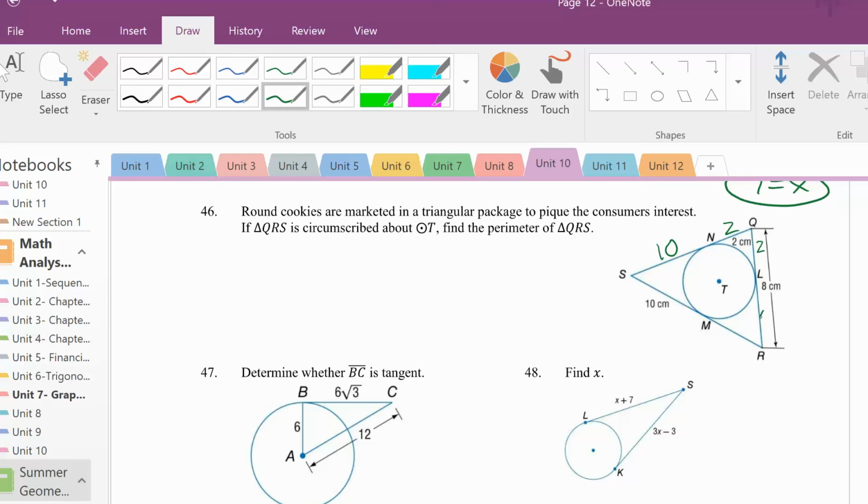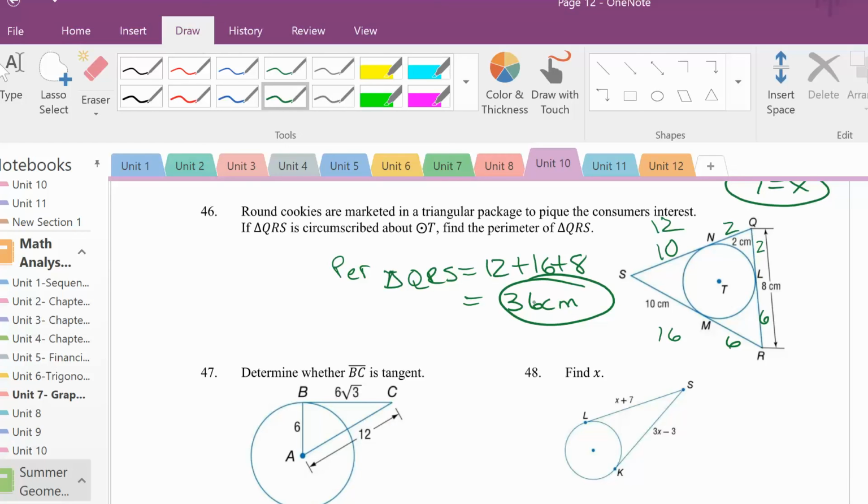So that means this is 6 here, because the whole thing's 8. So then 6 here. So the triangle, it's 12, 8, and 16. So the perimeter of triangle QRS equals 12 plus 16 plus 8. So it's 36 centimeters.